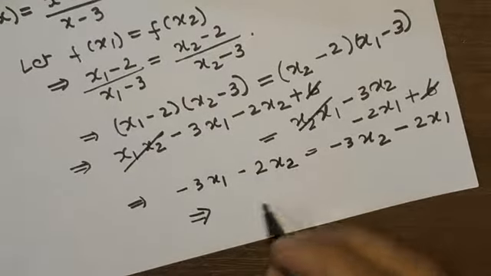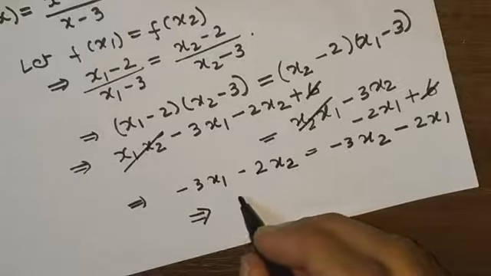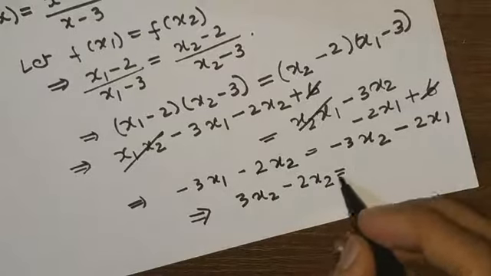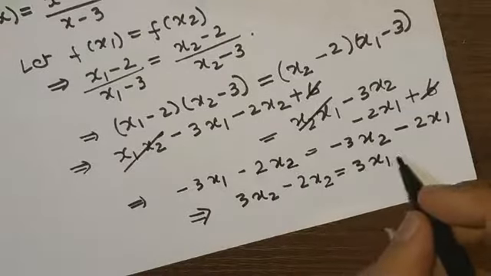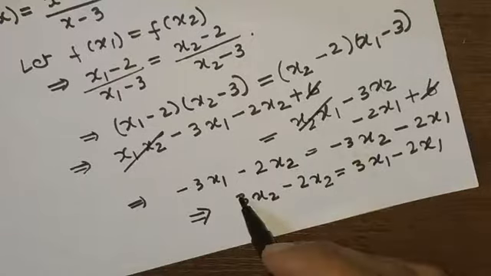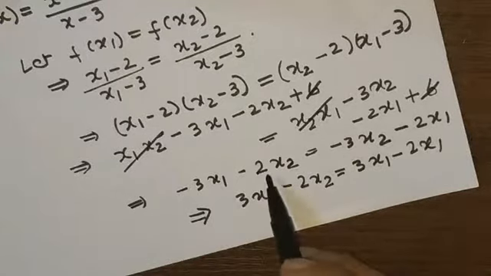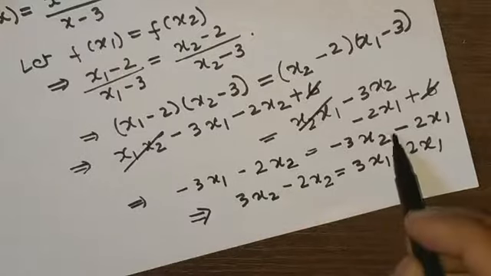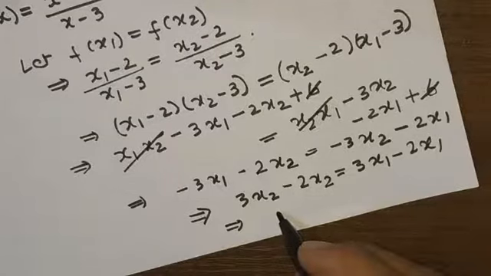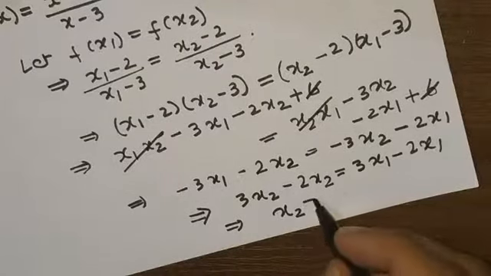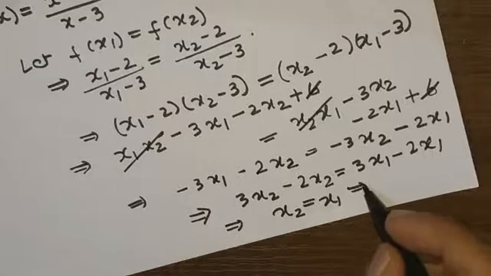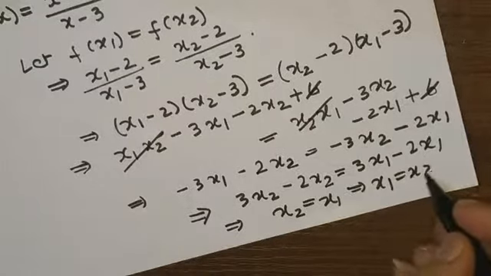So again if you simplify this, you will get 3x2 minus 2x2 equal to 3x1 minus 2x1. I am taking minus 3x2 on this side and minus 3x1 on the right hand side. So here you will get x2 equal to x1. So that means x1 is equal to x2.